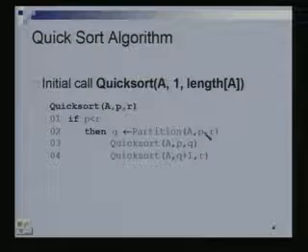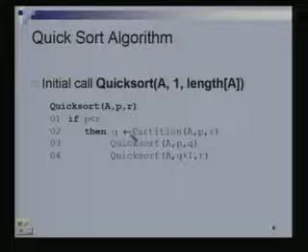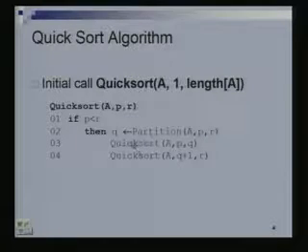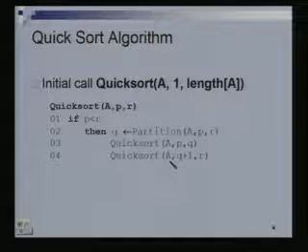It returns the demarcating line, so to say, so that the lower half is going from p to q, and the upper half or the larger half is going from q plus 1 to r. So now I need to sort the lower half and the upper half separately. So I recursively invoke quicksort on the lower half, which is going from p to q, and on the larger half, which is going from q plus 1 to r.